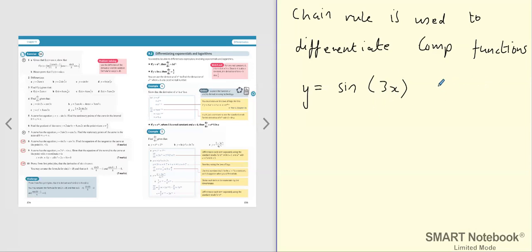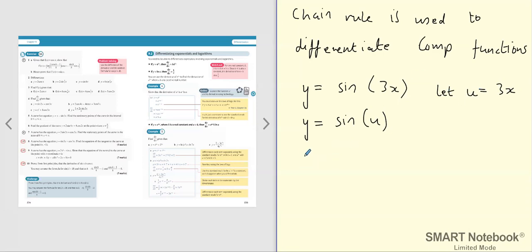So what we're going to do on the side here is say, let u equal 3x, and so y then becomes sine u. Would you agree with that? Any questions there? So if I let u equal 3x, I'm going to replace 3x with u.